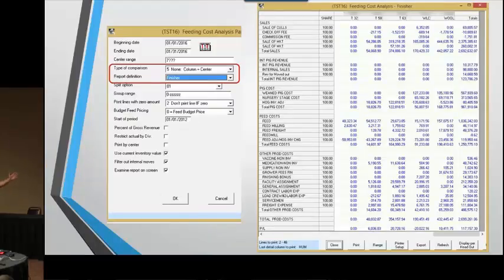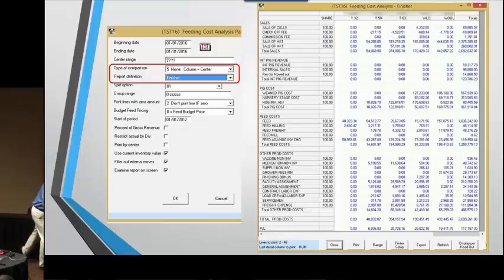So we're going to get a finishing report with every single center in its own column with a P&L associated to it. The report definition is going to be the one that we built when we did our setup. Click OK and run the report.